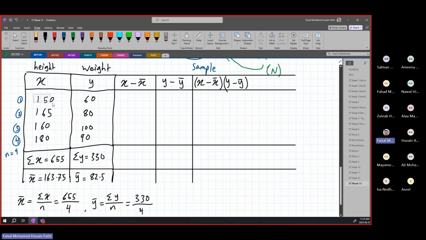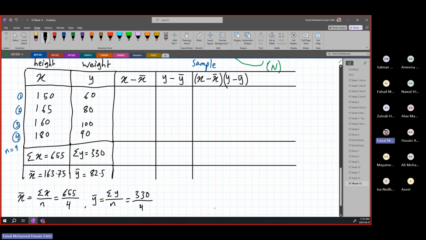So we're going to subtract this value, or x 150 point, from our x bar for the first one. So we're going to do 150 minus x bar, which is 163.75. All right, which is equal to 150 minus 163.75.